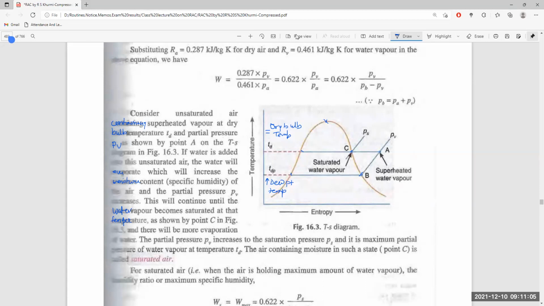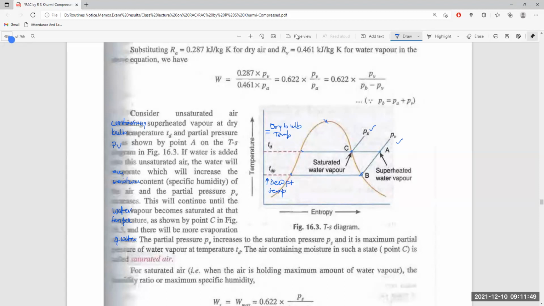Here, showing figure C, if there is more evaporation of water, the partial pressure PV increases up to the saturation pressure PS. Initially it was PV, now it has increased up to the saturation pressure PS, which corresponds to the dry bulb temperature, the dew point temperature. This is the maximum partial pressure of water vapor at temperature TD.